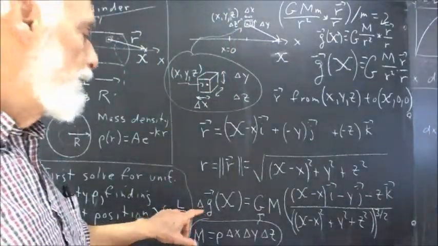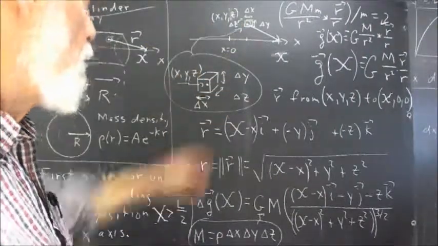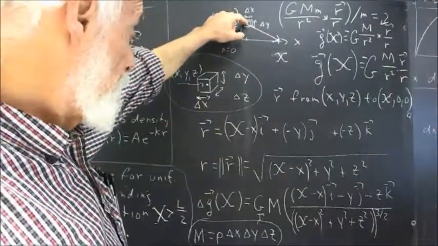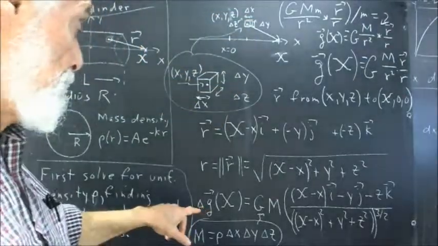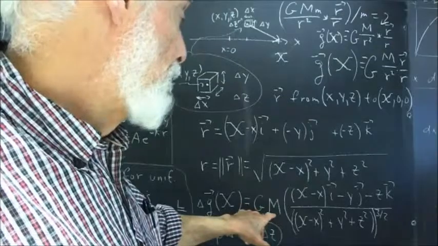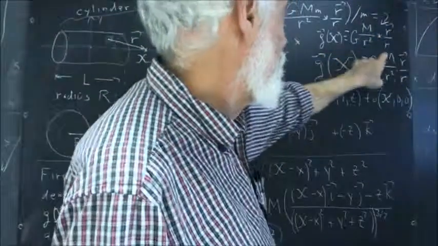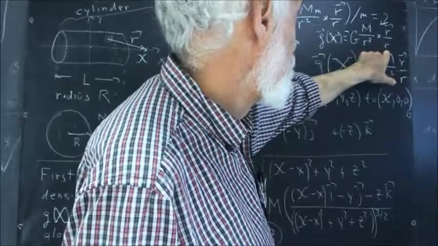And then our delta G, that'll be our contribution from whatever the volume increment is. The delta G of x is just going to be big G, big M times this vector over the cube of this magnitude. Now I've got the cube of the magnitude, R squared times little r.